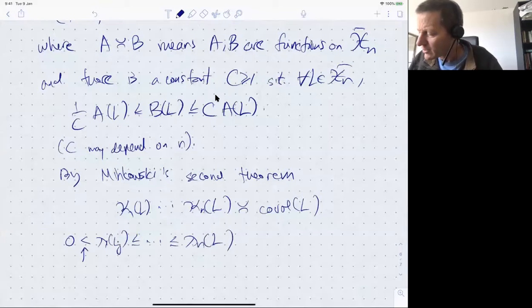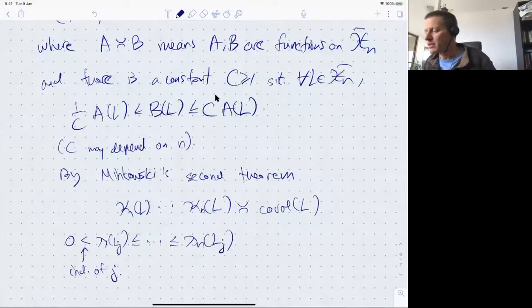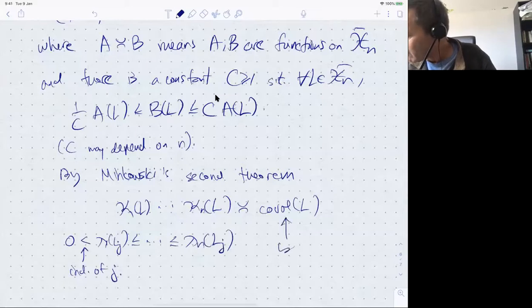Let's put in the j's now. We're on this subsequence. So this is bounded below independently of j by some constant that does not depend on j. That's part of our hypothesis. And this is also bounded above and below by some constant independent of j.